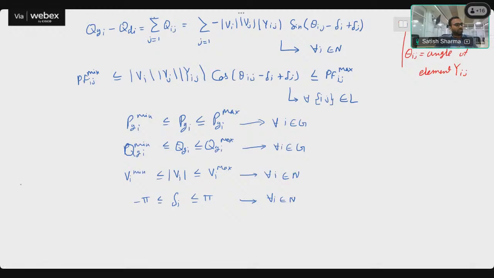Now, if I ask you one question, let's say for a 14 bus system, how many voltage magnitude constraints will there be for ACOPF?